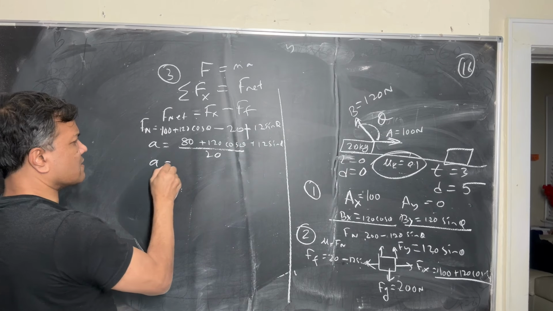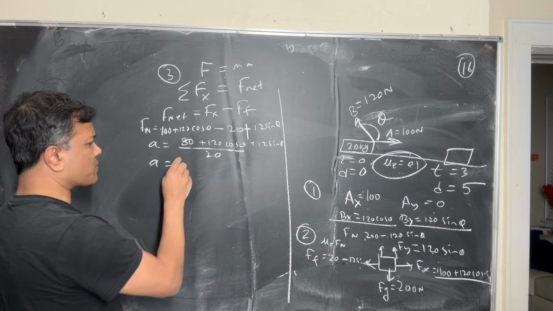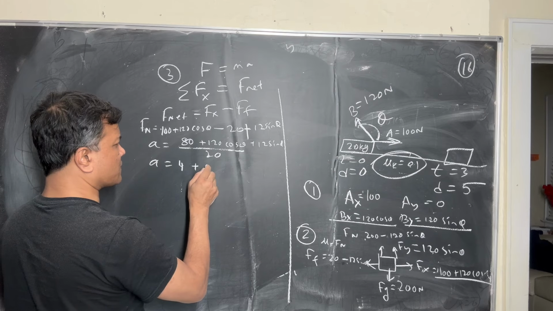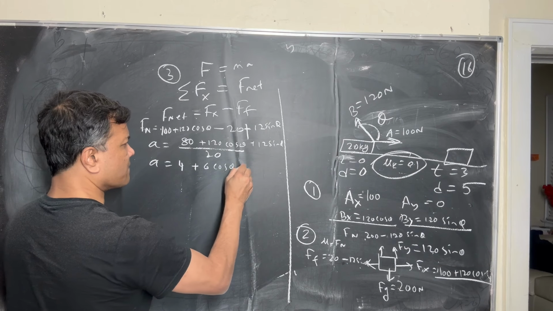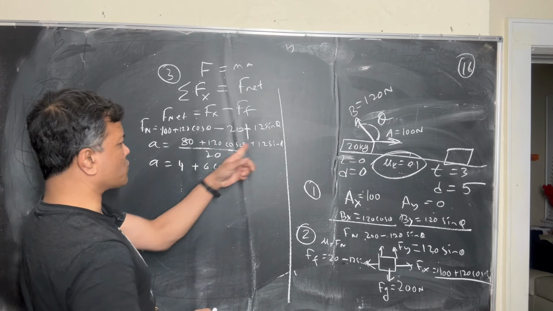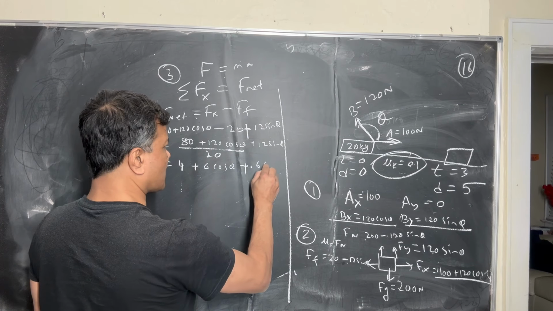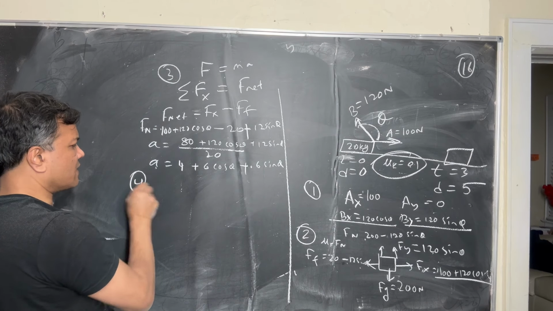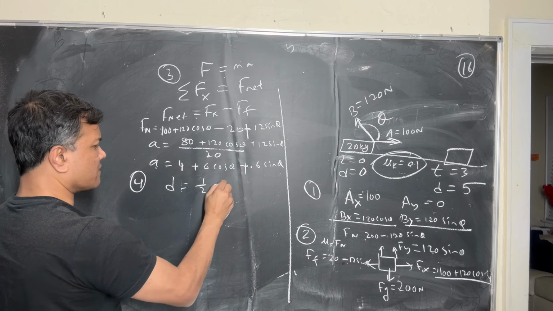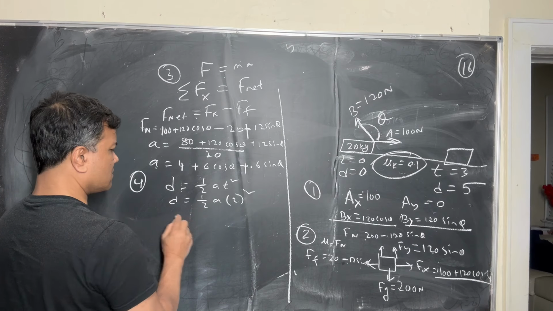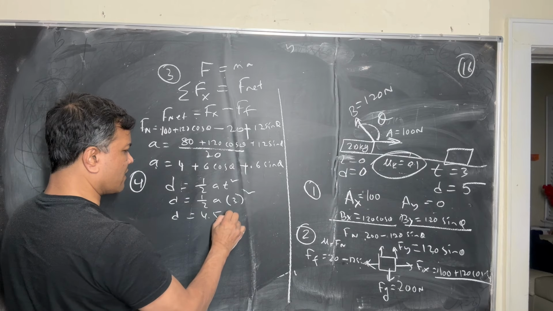Now, acceleration is 80 divided by 20, which is 4, plus 120 divided by 20, which is 6 cosine theta, plus 12 divided by 20, which is 0.6 sine theta. This is acceleration. We're going to do step 4: D is equal to half a t squared. Now, at 3 seconds, D is equal to 4.5 a.